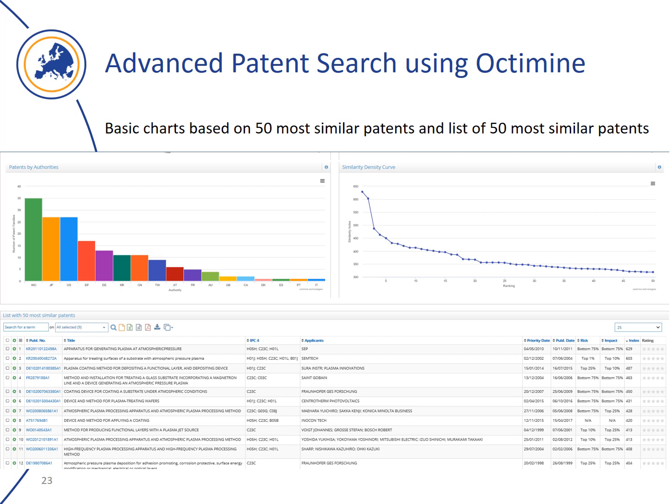So for instance, this is again this picture with the 50 most similar patents. Here you have the list, here you have the similarity density curve to the right, and here you have again the different authorities. From that you get an impression of where this technology is mostly patented.